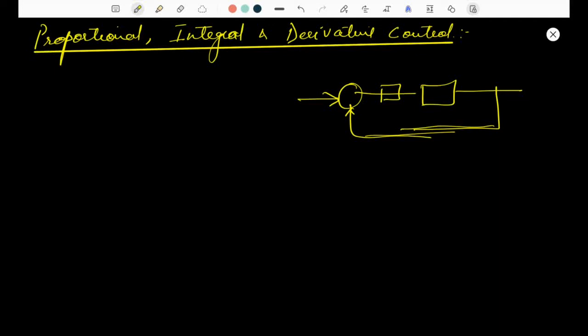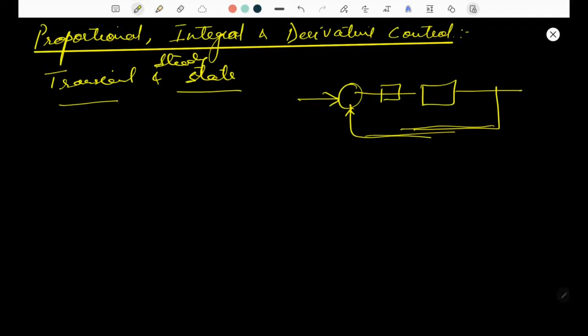The proportional control action and the other types of control actions are used for improving the transient and steady state response of a control system. So how we are going to reduce that error, we are just going to learn.